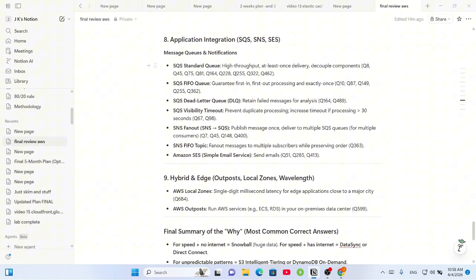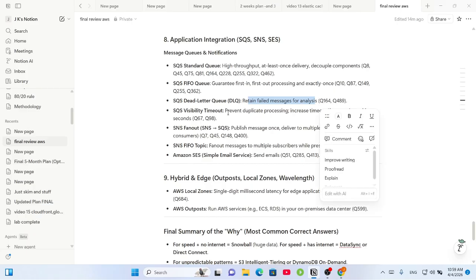Application integration. We have SQS standard queue. This is high throughput, at-least-once delivery, decouples components. This is the first in, first out queue. It guarantees first in, first out processing, exactly once. SQS dead letter queue retains failed messages for analysis.